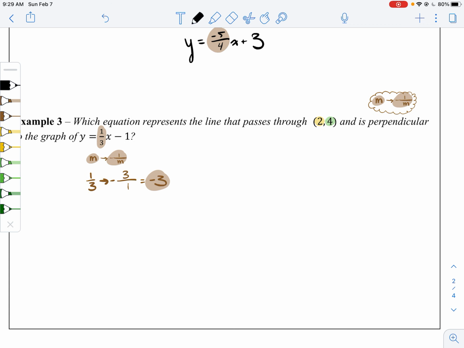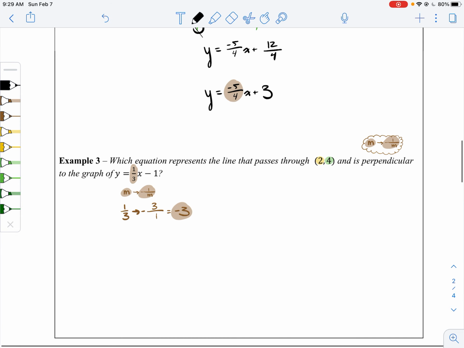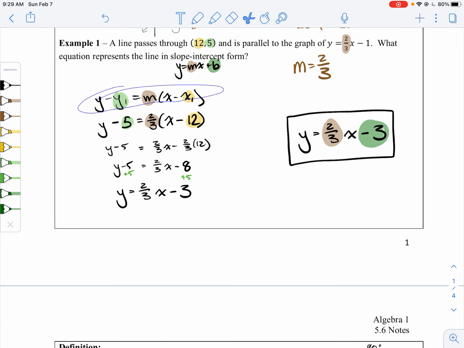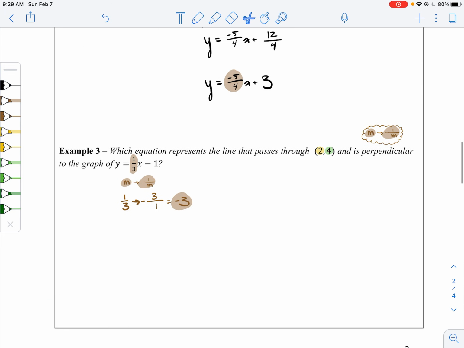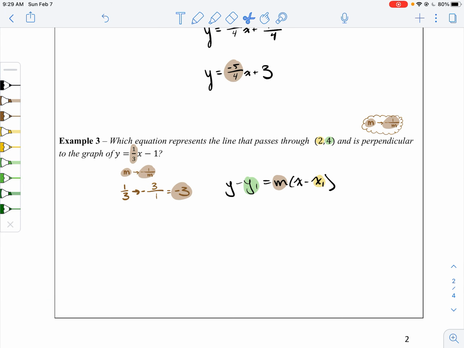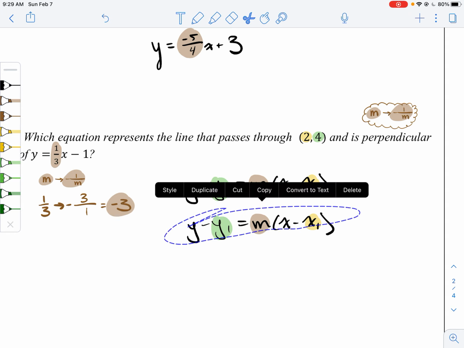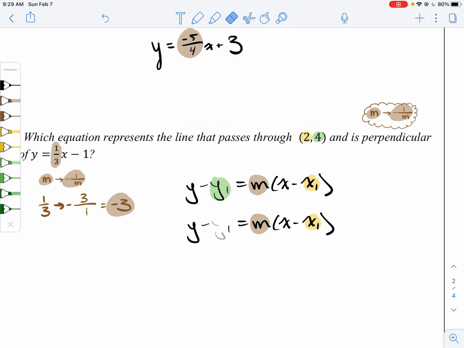So I'm just going to use my point slope form again. My y1 value here is 4, so I'm going to replace y1 with 4.